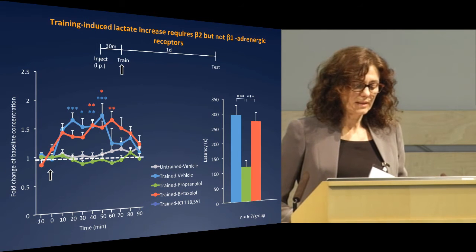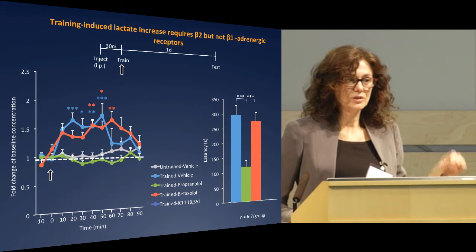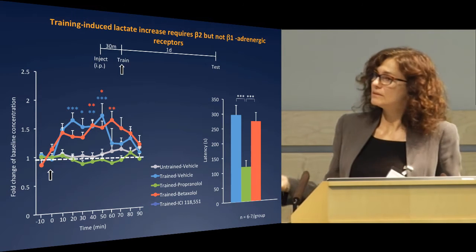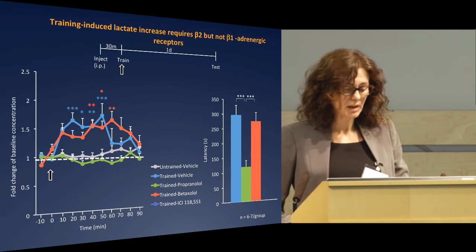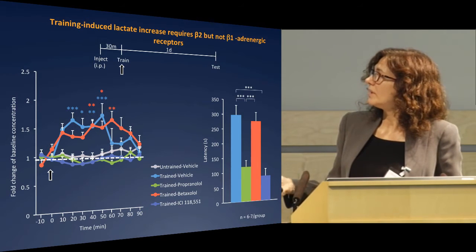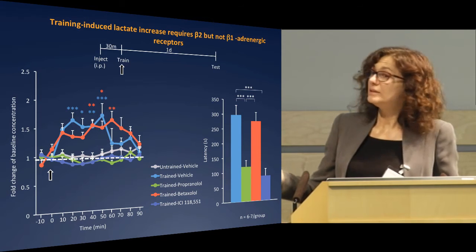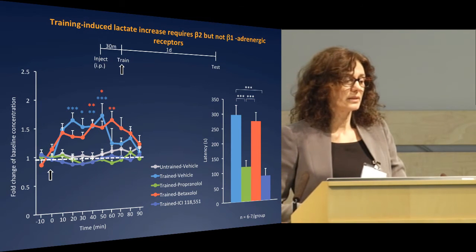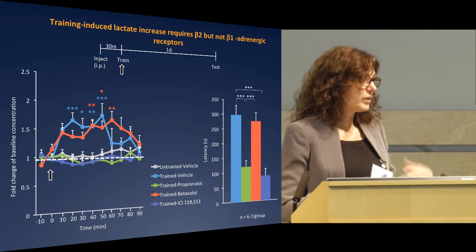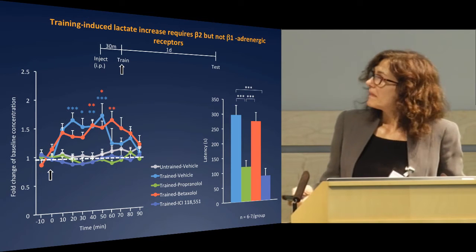And then she tested betaxolol, a selective antagonist of beta-1 receptors, and found that there was no effect. The lactate increase remains. And blockers of beta-2 adrenergic receptors, ICI 118,551, completely block the induction of lactate.